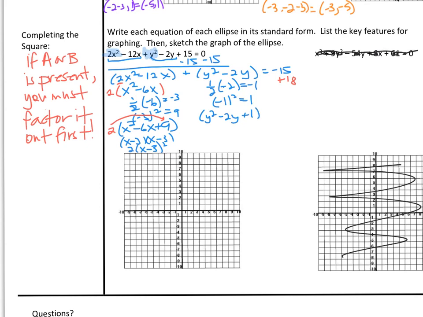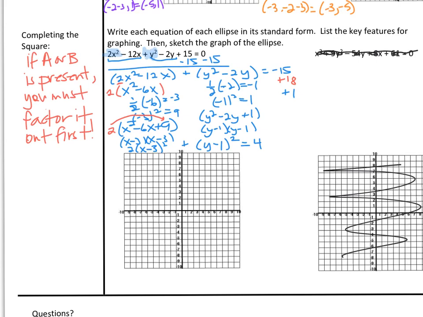And since all we did was add 1 to the parenthesis there and there's nothing out in front, we'll just add 1 to the right. Go ahead and factor. What are two numbers that multiply to get positive 1 but add to get negative 2? Negative 1 and negative 1. So that would be plus y minus 1 squared. Now on the right-hand side, we have negative 15 plus 18 plus 1, which is 4.